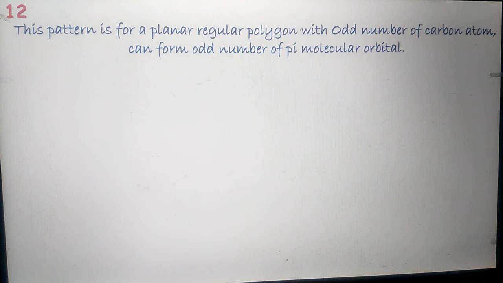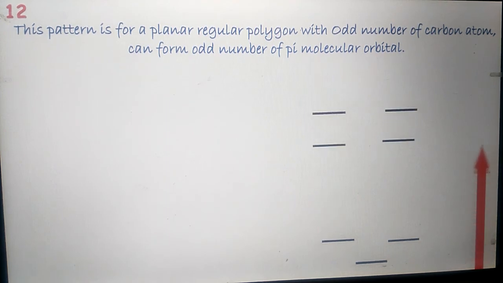This pattern is for a planar regular polygon with an odd number of carbon atoms, which can form an odd number of pi molecular orbitals. In this pattern, there is no non-bonding pi molecular orbital.